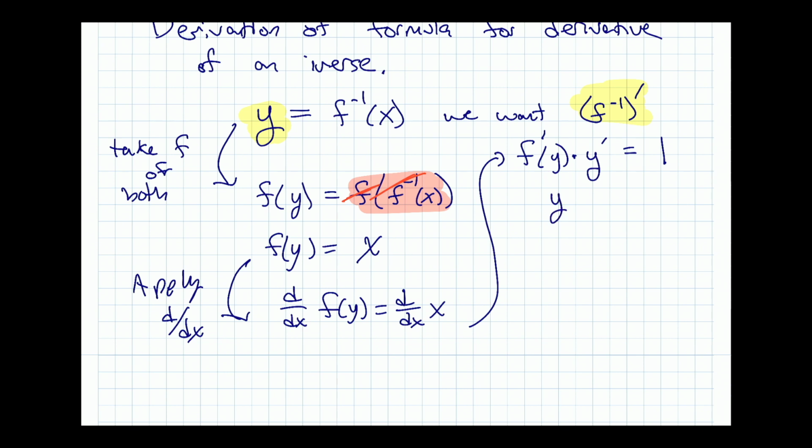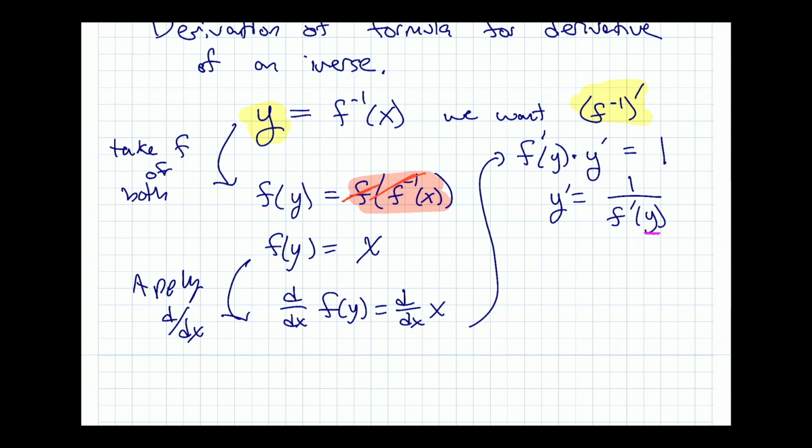This is a lot like logarithmic differentiation. So y prime equals 1 over f prime of y. Okay? So far, so good. We solve for y prime. Now, that's almost what we want, but I don't want to call this y right here.